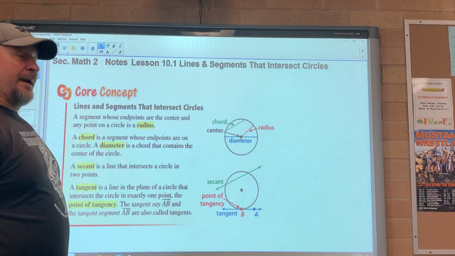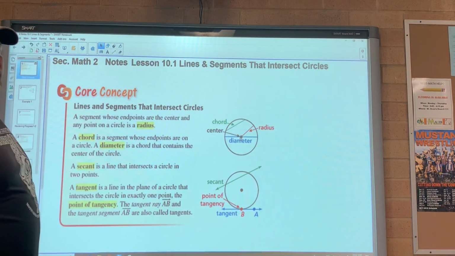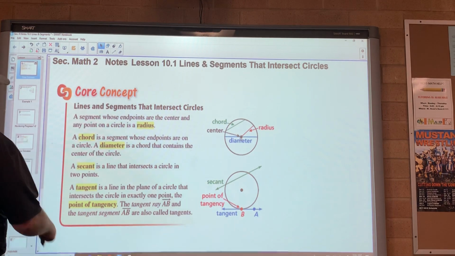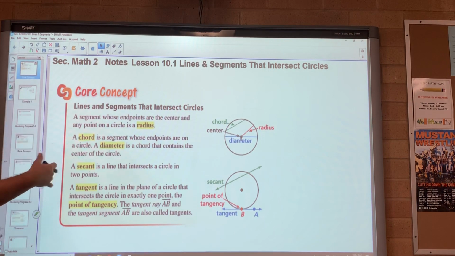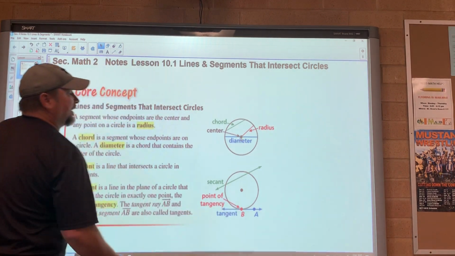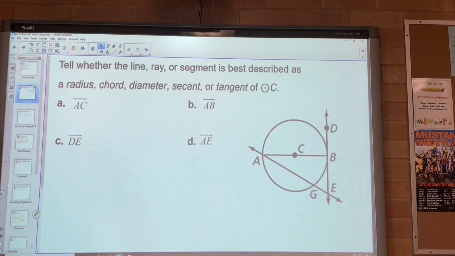If I had a diameter on a circle that was 20, the radius would be 10. Those are some important key points. We'll talk about some more key points as we go along that have to do with this tangent line as well, and that has to do with the secant line.